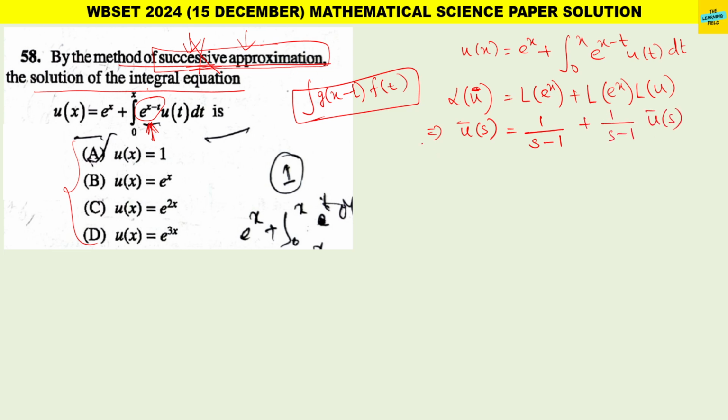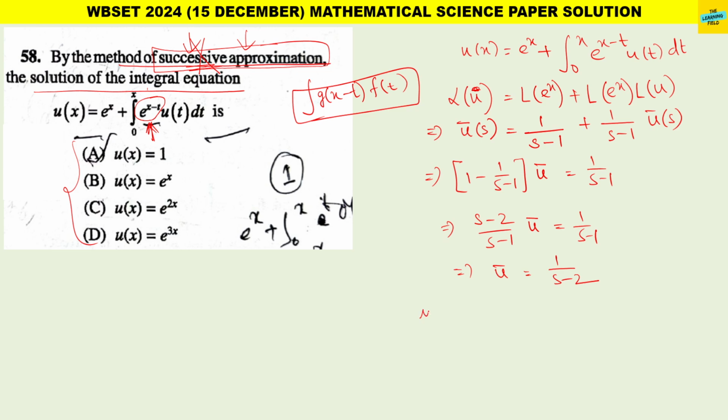Suppose s is the transformation variable. So this means 1 minus 1 by s minus 1 times u bar is equal to 1 by s minus 1. So this implies s minus 2 by s minus 1 into u bar is equal to 1 by s minus 1, and u bar equals 1 by s minus 2, fine.